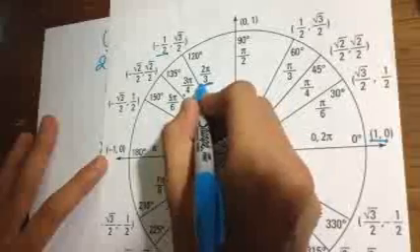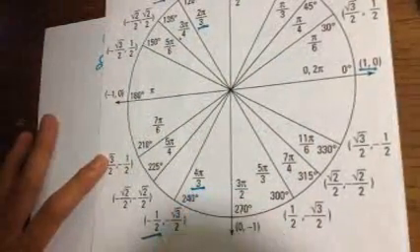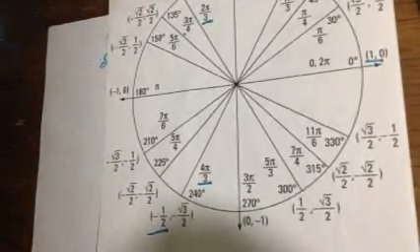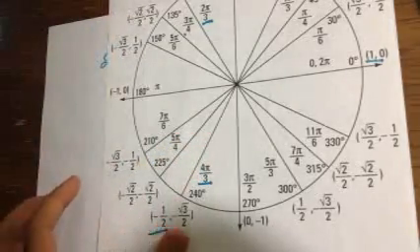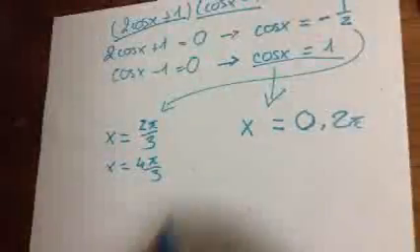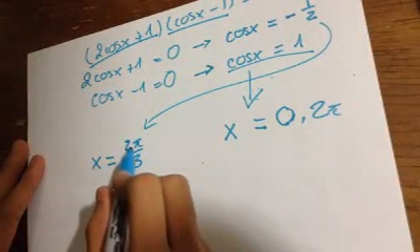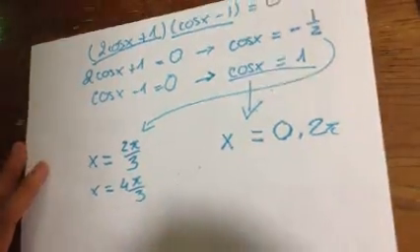The first one is 2 pi over 3, the second one is 4 pi over 3. So based on this, x equals 2 pi over 3 and x equals 4 pi over 3.